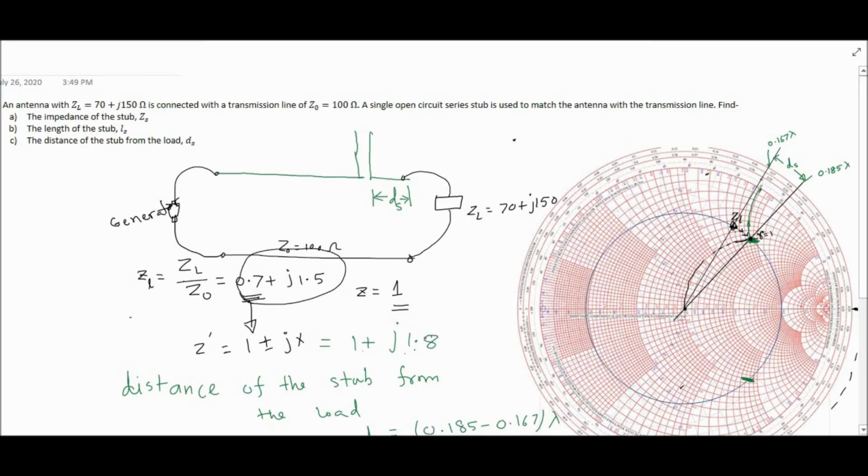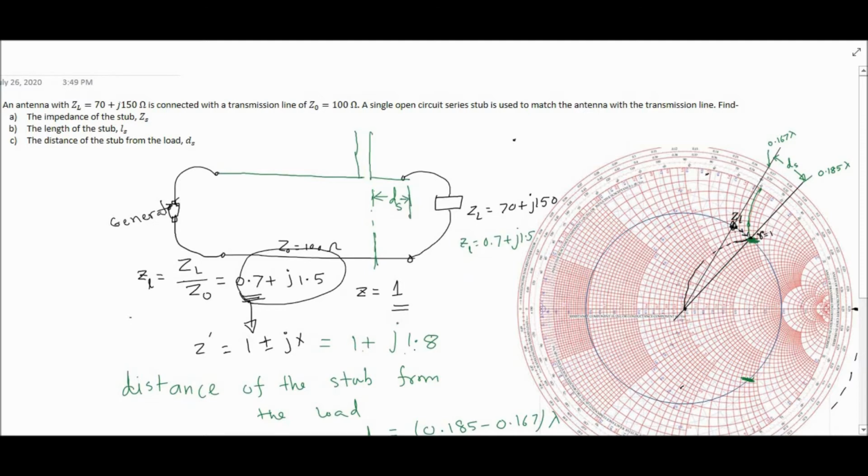So now we got the impedance at this point. If you look at the impedance here, initially our normalized impedance was 0.7 plus j1.5.